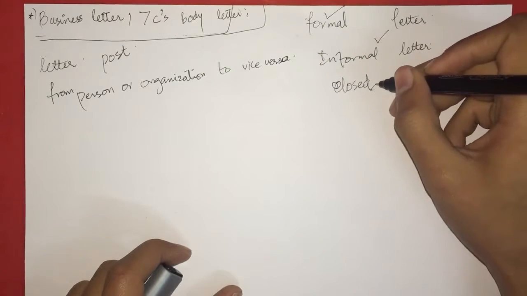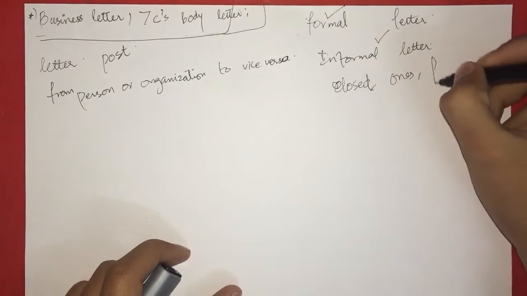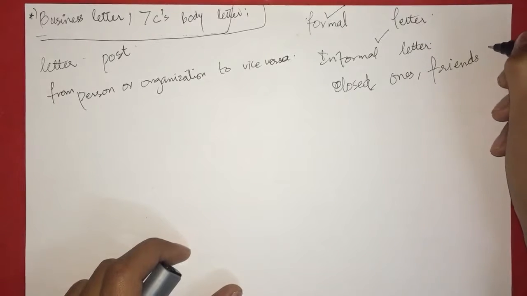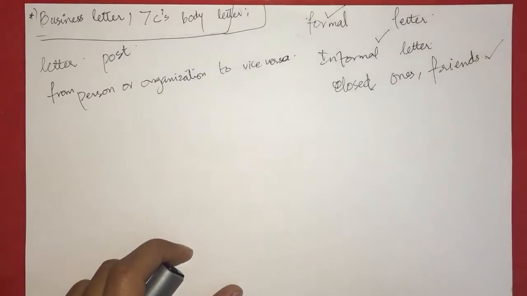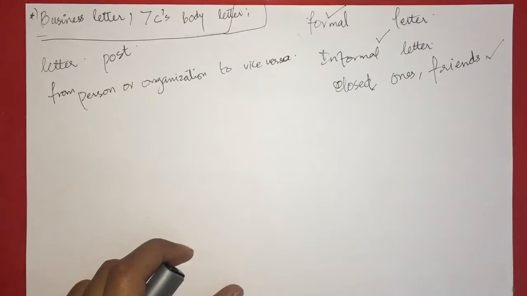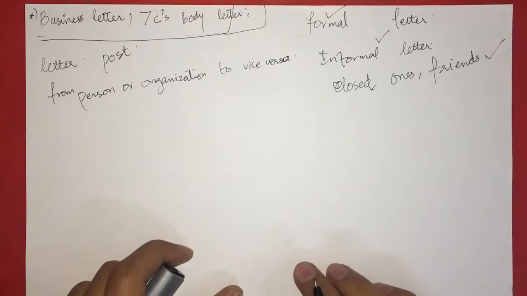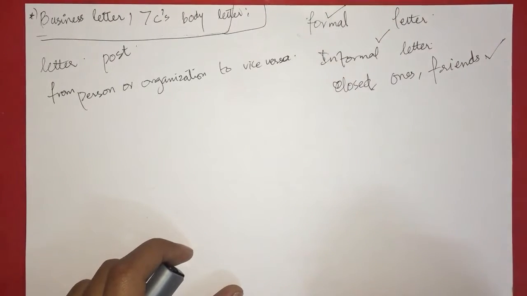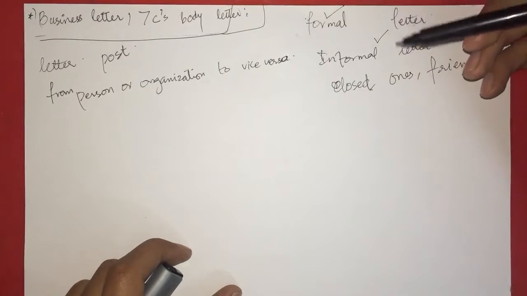So that is for your close ones, your friends, your best friends. So you don't have to follow all the conventions, or all the standards of letter writing. You can just write the letter any way you want. You don't have to be so formal, and you don't have to be much respectable in this aspect. So business letter is formal letter.